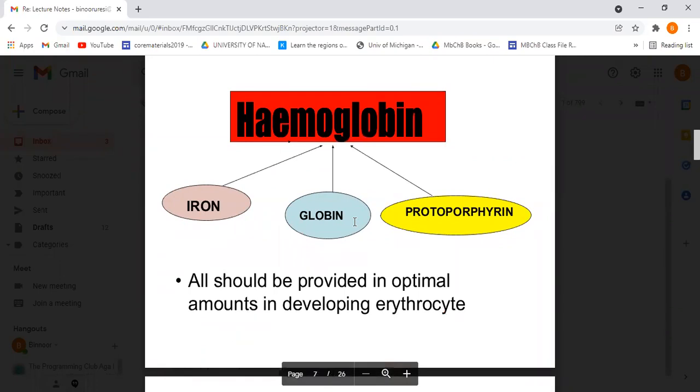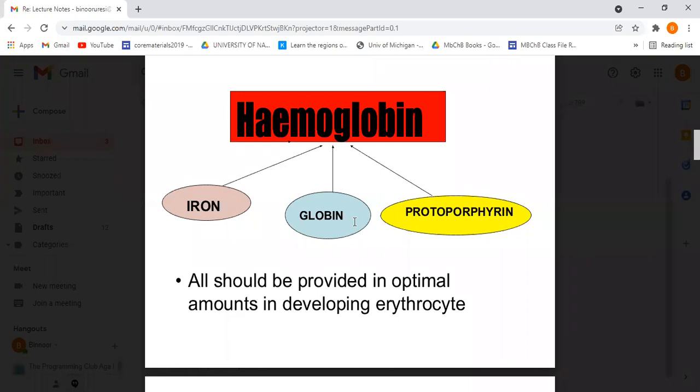So, just a recap. We know that hemoglobin is made of three things: iron, globin, and protoporphyrin. Iron is a metal element, globin is a protein, and protoporphyrin is also a protein. All should be provided in optimal amounts in the developing erythrocyte.